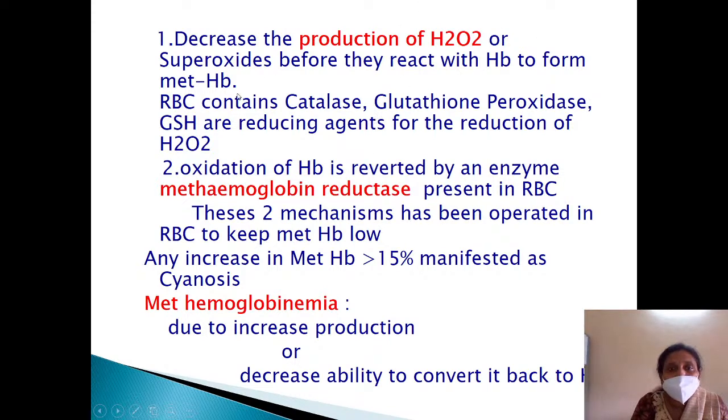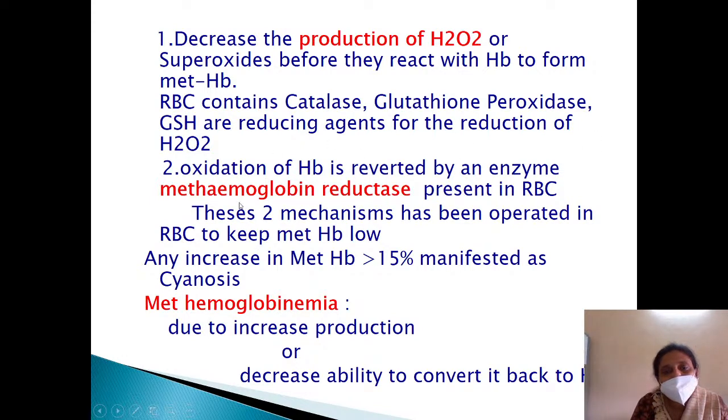So ultimately RBC has reduced glutathione, catalase and glutathione peroxidase, all of which destroy and detoxify H2O2. As its concentration decreases, what will happen? This Fe+2 cannot be converted to Fe+3.